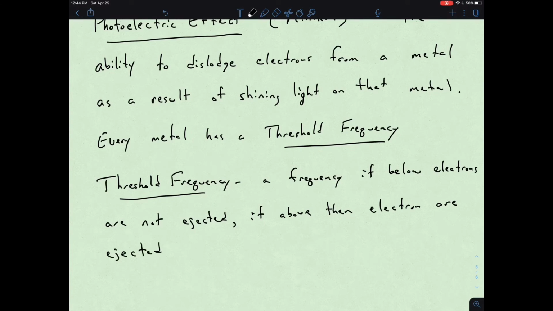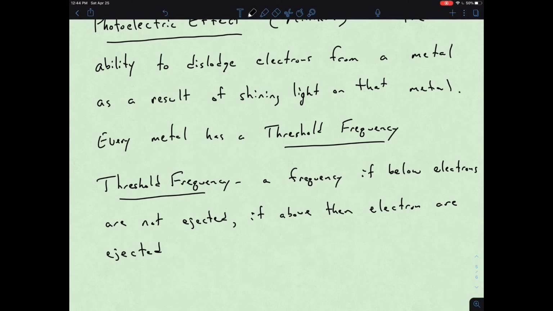So it's just saying that there's a threshold for this to actually occur, and hopefully that makes sense, because we have different elements, we have different metals, and they wouldn't have exactly the same in terms of this photoelectric effect and this threshold frequency.